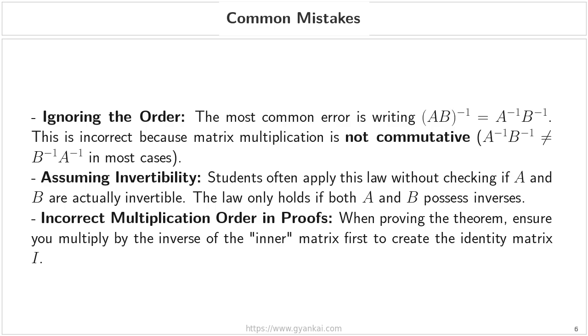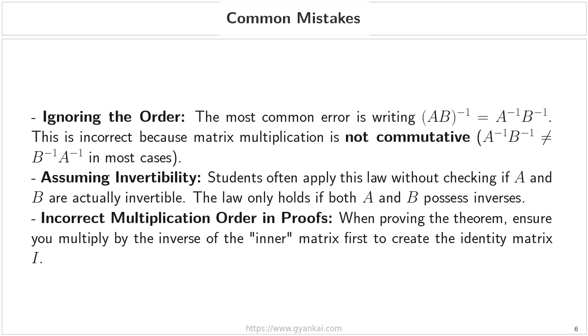Finally, regarding the logical proofs we practiced earlier, be mindful of the multiplication order. When you are demonstrating the proof, ensure that you multiply by the inverse of the inner matrix first. This is the critical step that creates the identity matrix, allowing you to simplify the expression and complete the proof successfully.